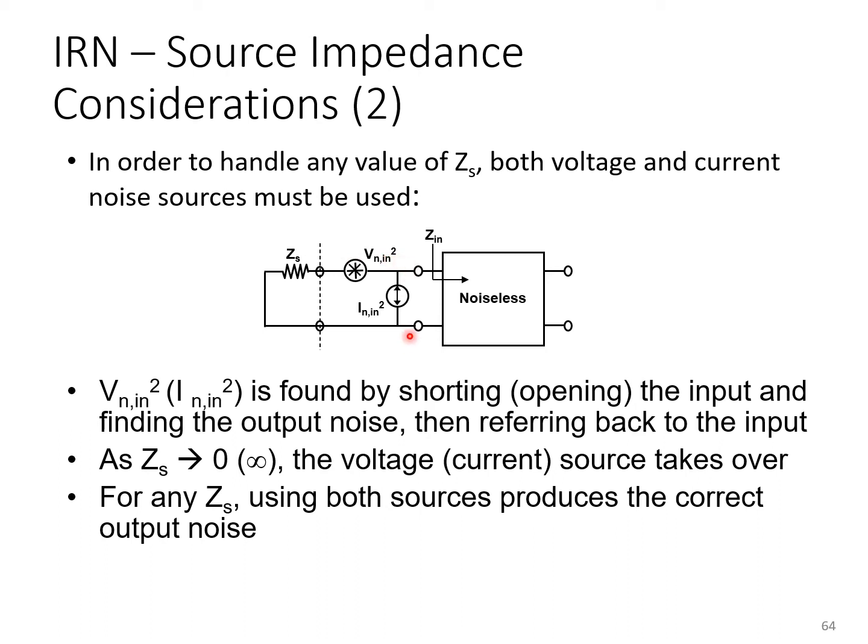And so the only contributor to the output noise in that case, when ZS is infinity, will be the input-referred current source. For ZS values in between 0 and infinity, both noise sources will contribute, obviously with the voltage noise source dominating at small values of ZS, the current noise dominating at large values of ZS.